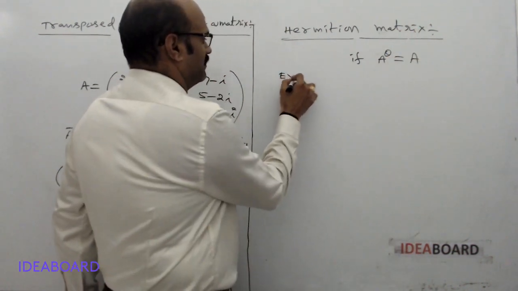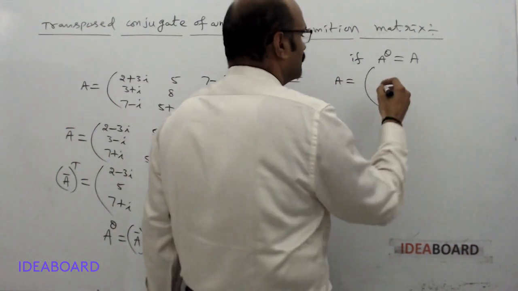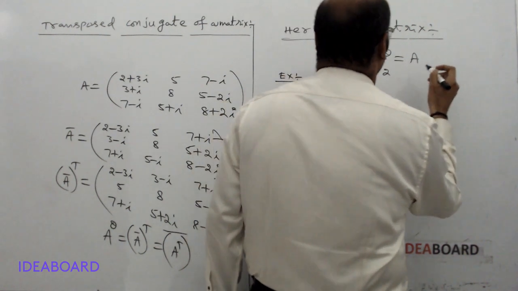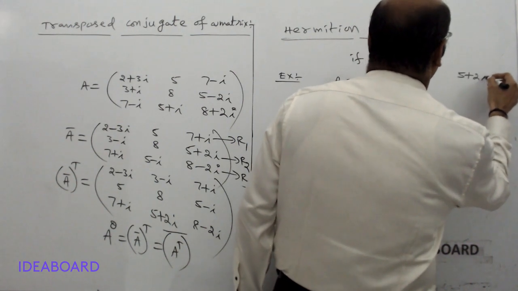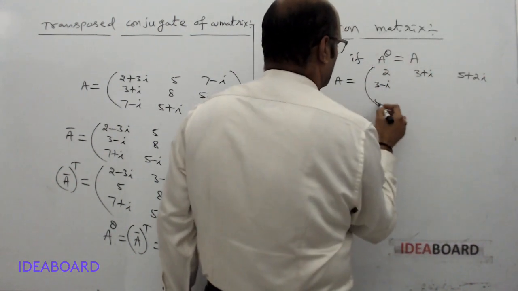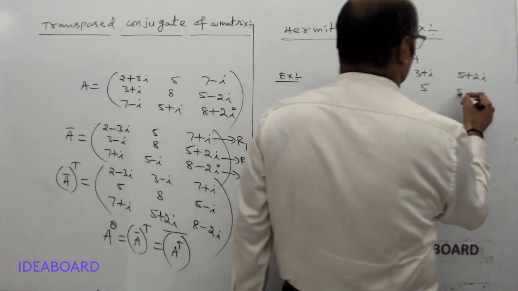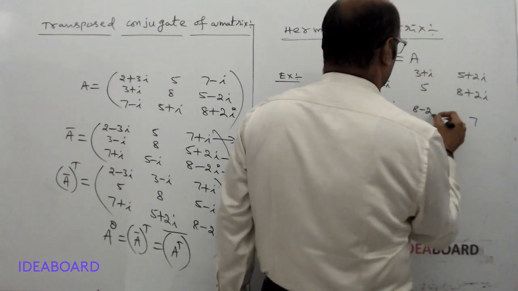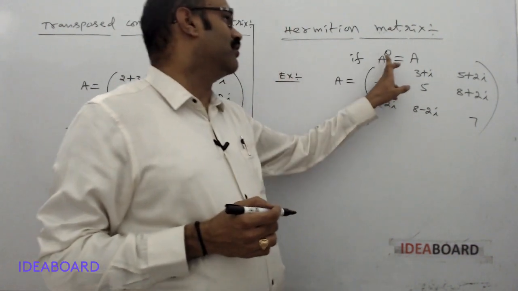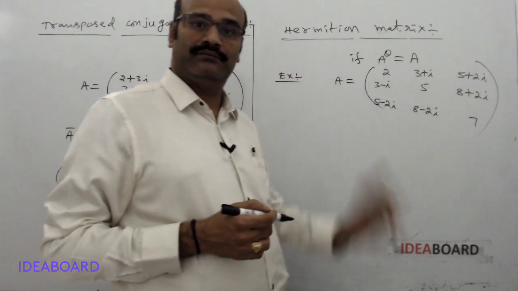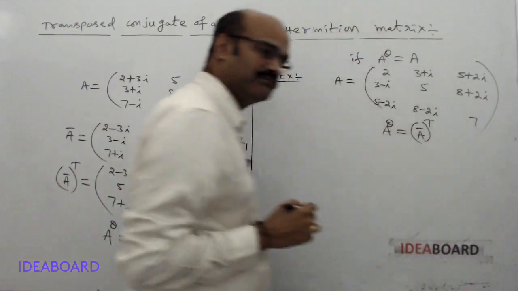Let me take an example here. Let me take A as any matrix. Now we have to find A power theta. A power theta is nothing but A bar whole transpose.